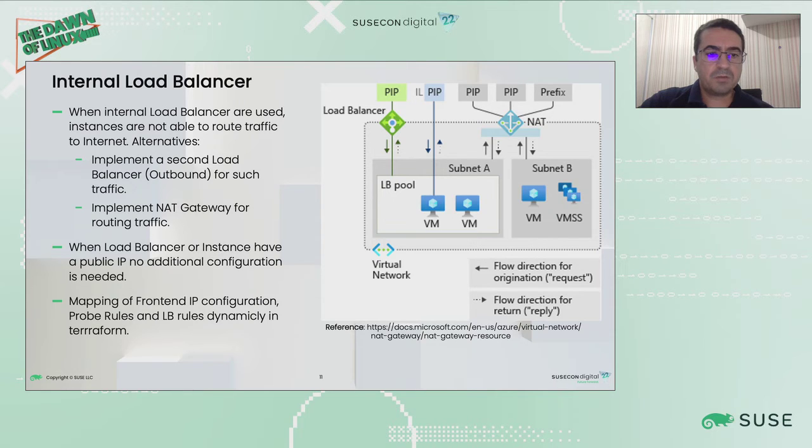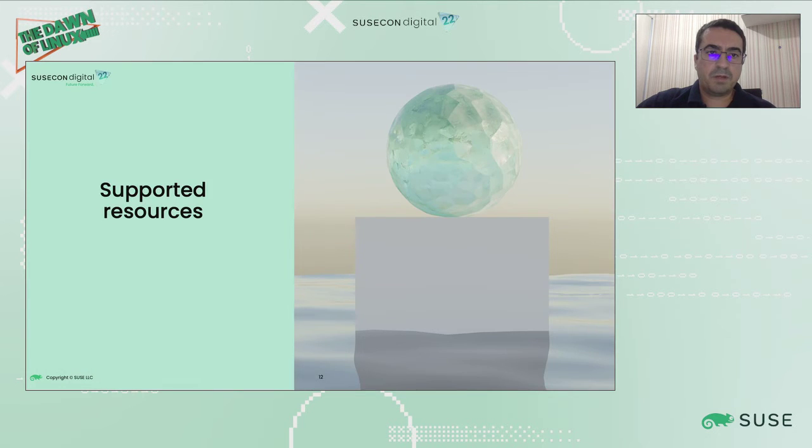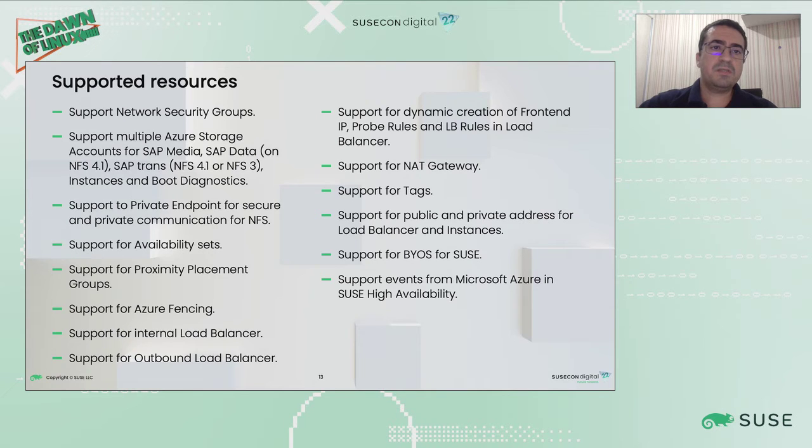We have also mapped the front-end IP configurations, probes, and load balancer rules dynamically in Terraform so that any kind of mapping in the load balancer that the customer might need can be updated in the Terraform definition file. This is a list of the resources that we have supported in our work.